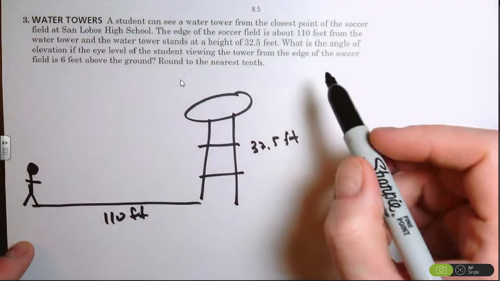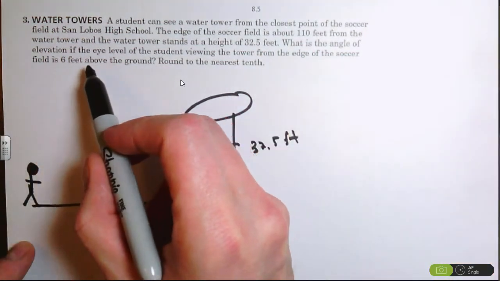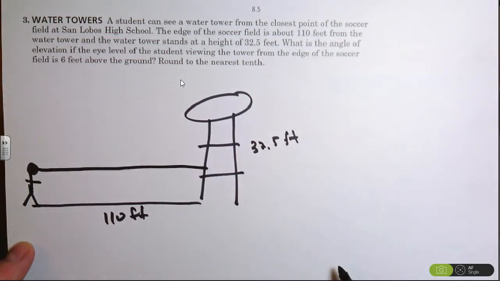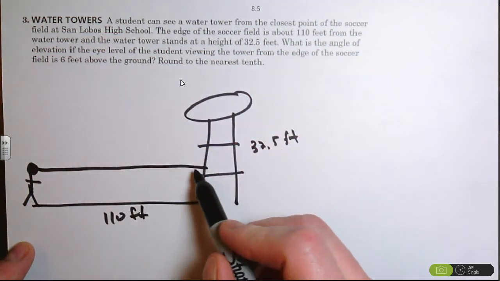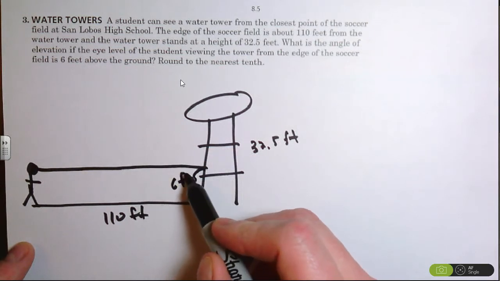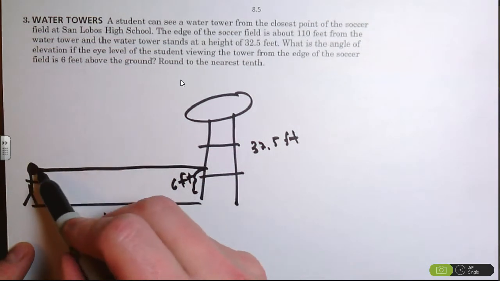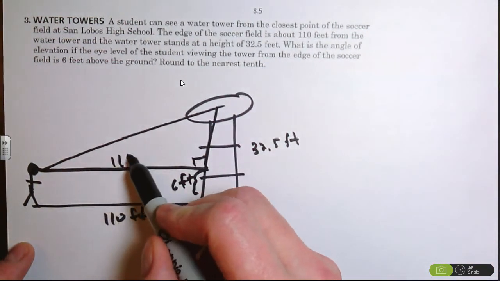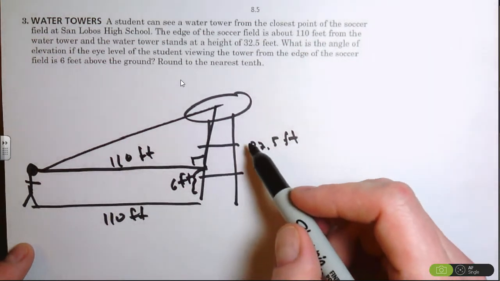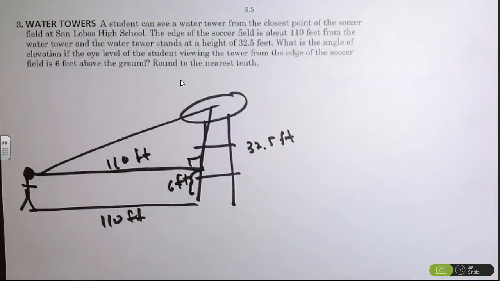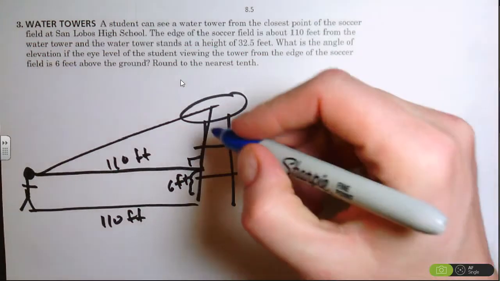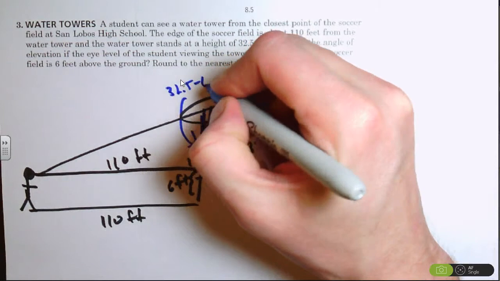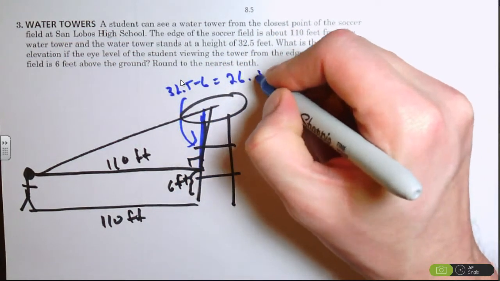But here's the key: what is the angle of elevation if the eye level of the student is 6 feet above the ground? Obviously this is not to scale, but this is what we're saying here. I know it's 110 feet here. This is 6 feet short of 32.5 feet. So the length we're looking for here is 32.5 minus 6, which is 26.5 feet.